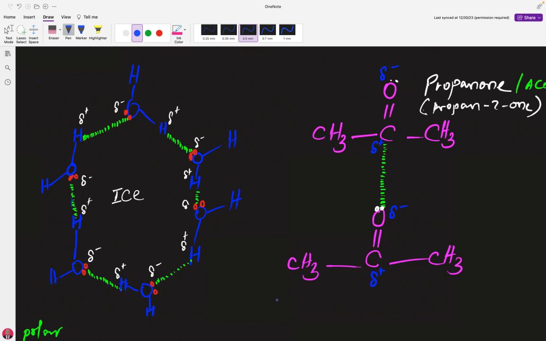So basically, you have London dispersion forces, dipole forces, and hydrogen bonds as intermolecular forces. Non-polar molecules are the ones that have London dispersion forces. Non-polar molecules, like in the case of kerosene, are the ones that have London dispersion forces.